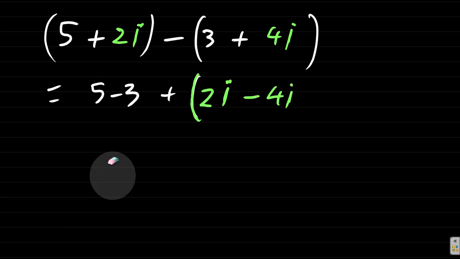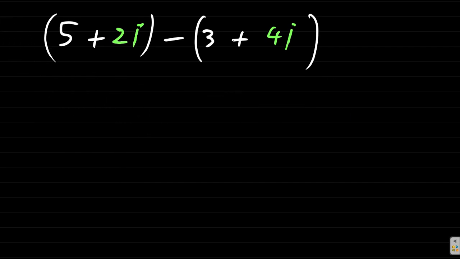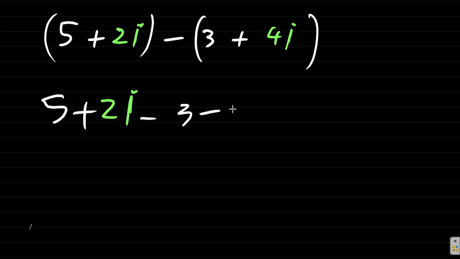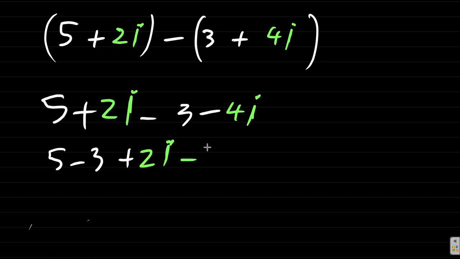We could open the brackets even before we do this. Suppose we do that. Remove the brackets. This would end up to be 5 plus 2i minus 3 minus 4i. Same thing we would end up with. So real parts 5 minus 3, then plus imaginary parts 2i minus 4i.